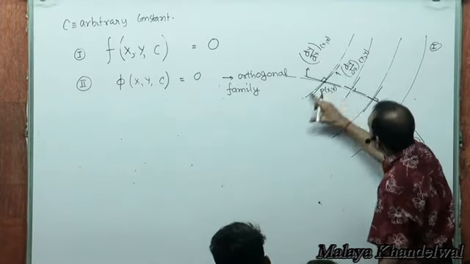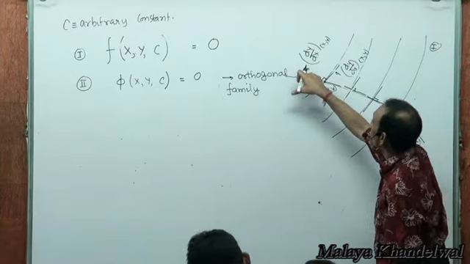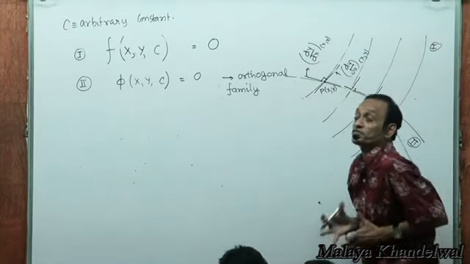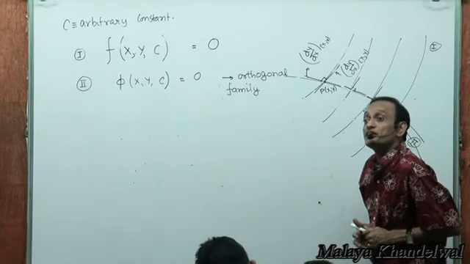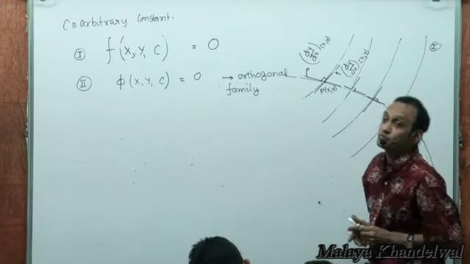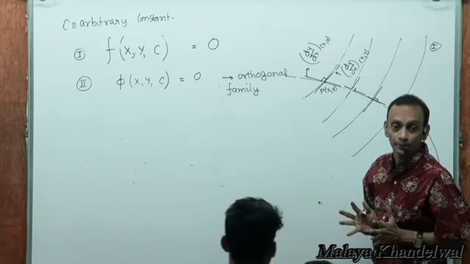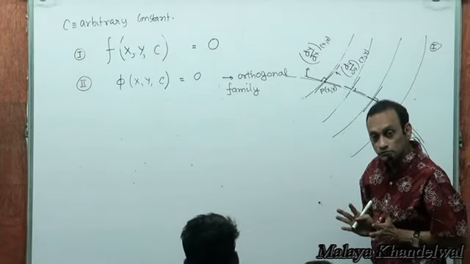The product of the slopes of the tangents at the point where they intersect would be minus 1. That's when the curves intersect orthogonally, right?